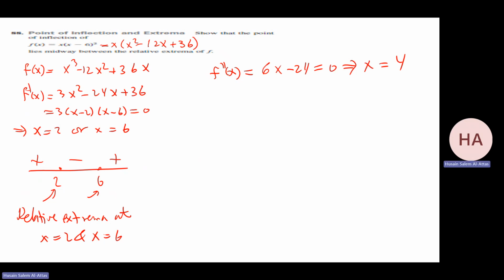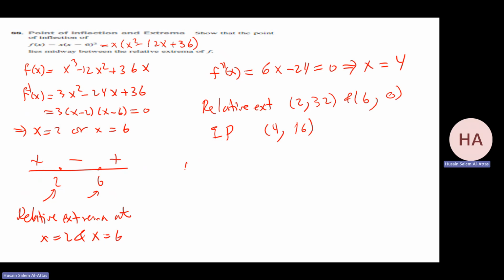By the way, at the relative extrema, as points, I'd have 2 and what? 8 minus 48 plus 72, which is 32, and 6 and 0. The inflection point, I have 4 and 16.